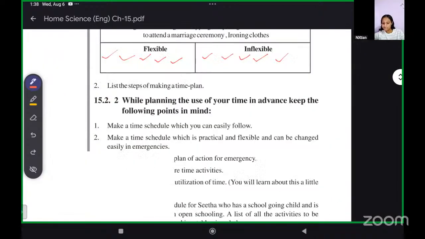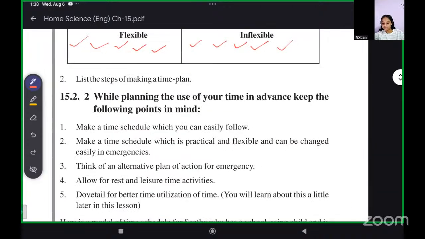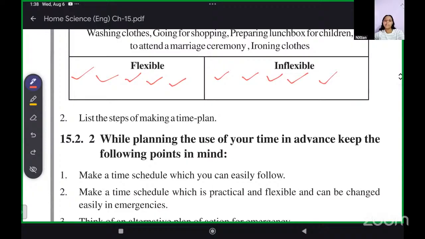List the steps in making a time plan. What are the steps in making a time plan? First, plan it in your head or write it.